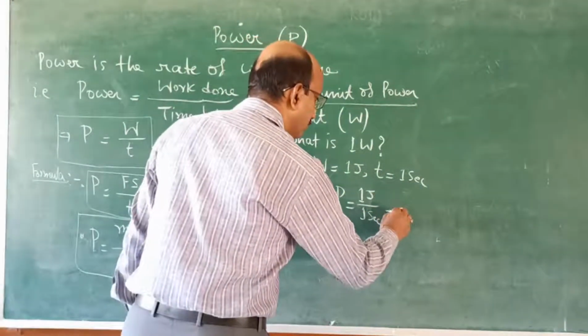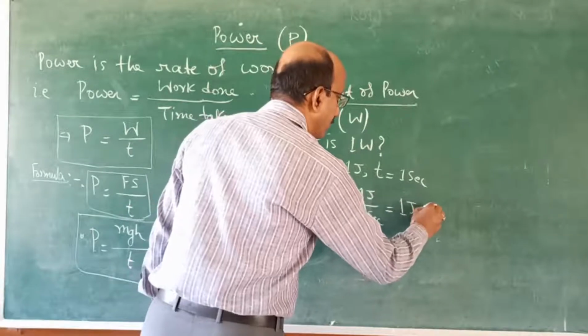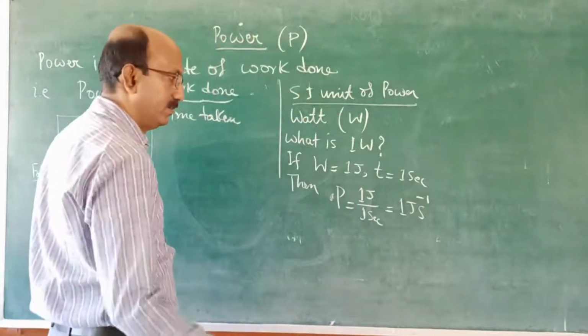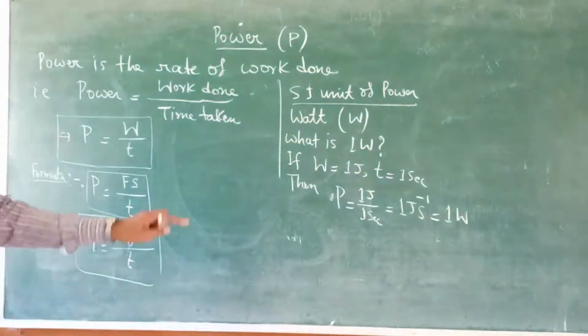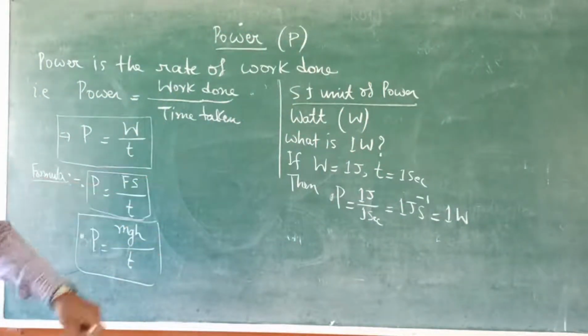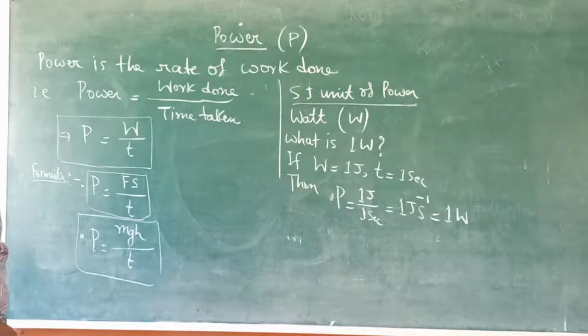This 1 joule per second is called 1 watt. So power is said to be 1 watt if 1 joule of work is done in 1 second. Clear?